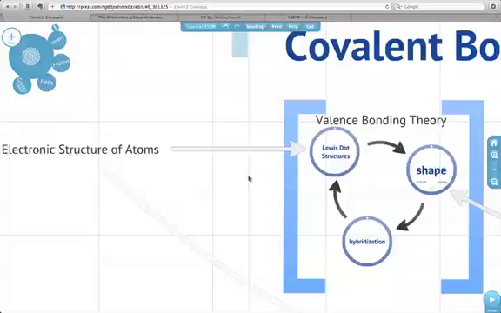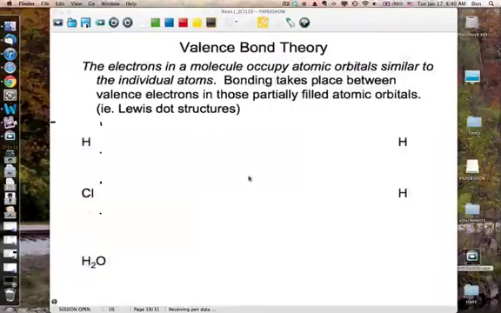And for this, we should probably just discuss the electronic structure of atoms, as a quick review. If you remember, you have your stereotypical hydrogen atom. That hydrogen atom has electrons in the 1s subshell, and in this case it has one electron in the 1s subshell.